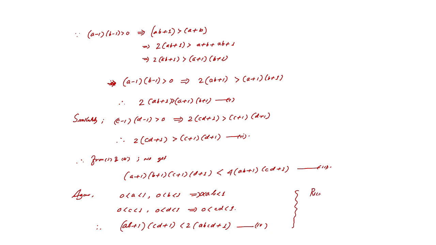Because you just recall the fact: if 0 < x < 1 and 0 < y < 1, then what we will get? We will get (x+1)(y+1) less than 2(xy+1). That we have proved in 1 and 2.